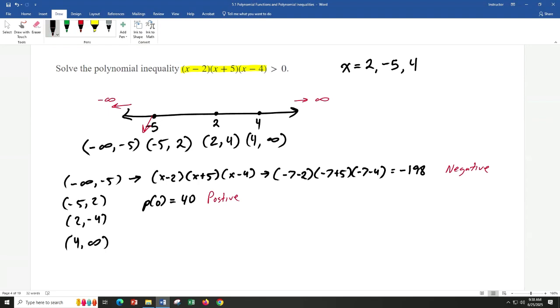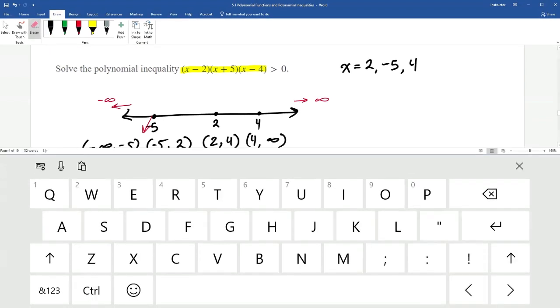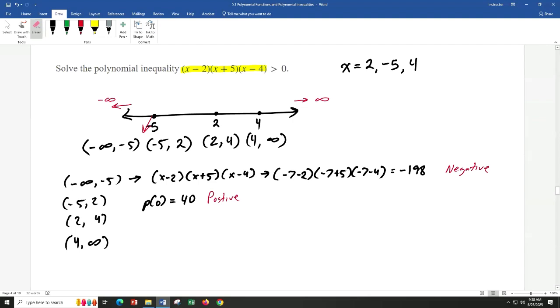Anybody have a guess what's going to happen between 2 and 4? When I pick a test point in there, why did I put -4? That's a 4, not -4. Pick 3 there, so I pick P of 3. P of 3 ends up being -8.